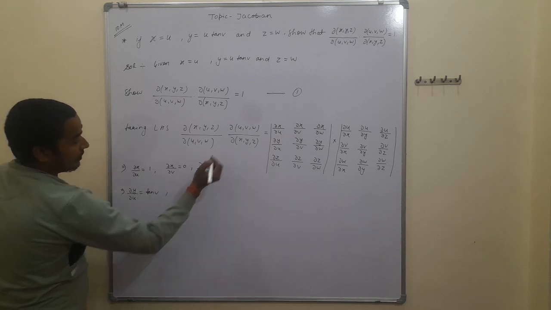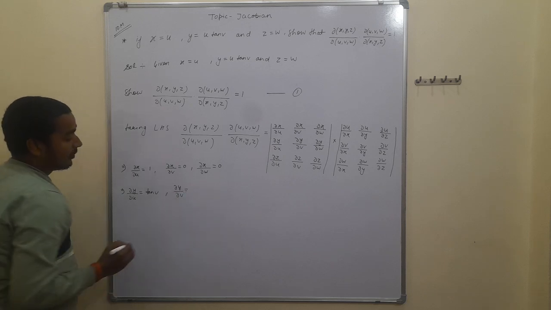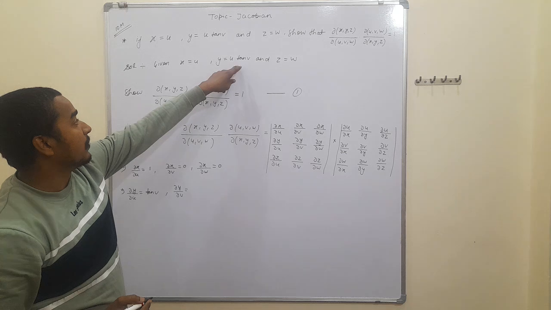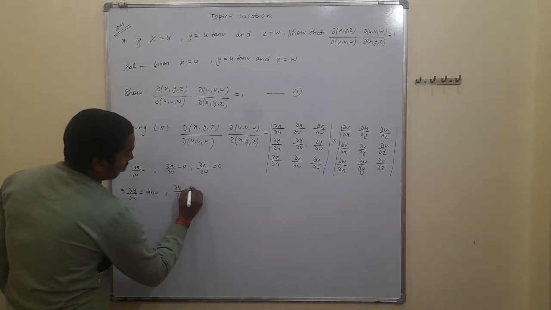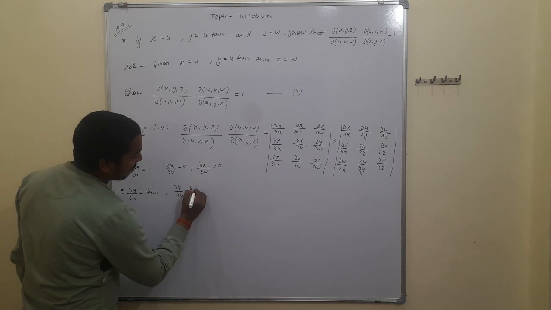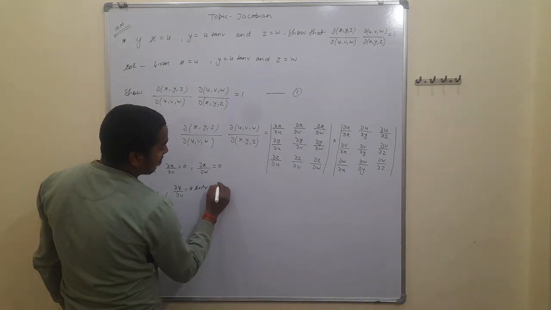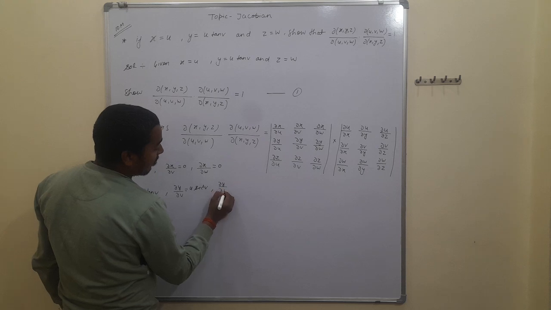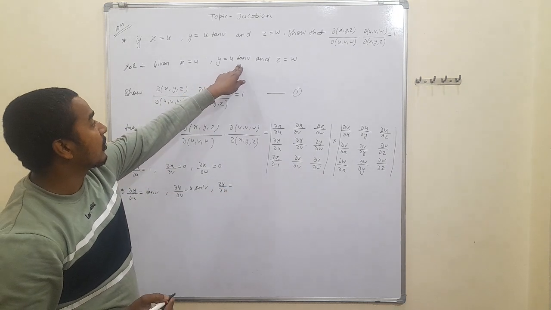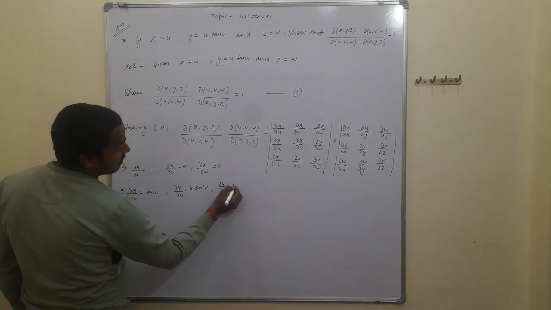And del y upon del v: differentiating partially with respect to v, that is u times the derivative of tan v, which is sec square v. Further we have to find del y upon del w. Here in y is equal to u tan v there is no coefficient of w, so del y upon del w is 0.